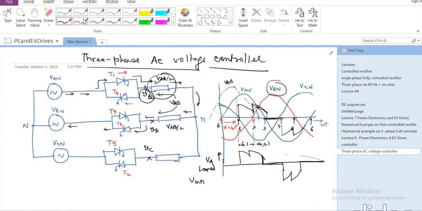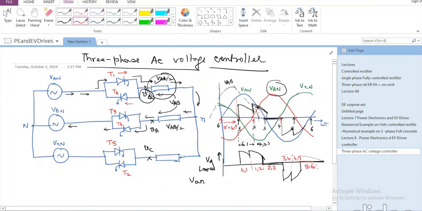And this portion is corresponding to 6 and 1 conducting, whereas this portion is corresponding to 1 and 2 conducting. When 2 and 3 are conducting, there is no A phase voltage at all. When we have 3 and 4 conducting, this voltage is going to come up. And when 4 and 5 are conducting, again this voltage is coming up.